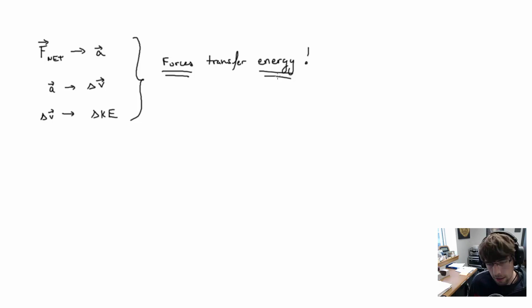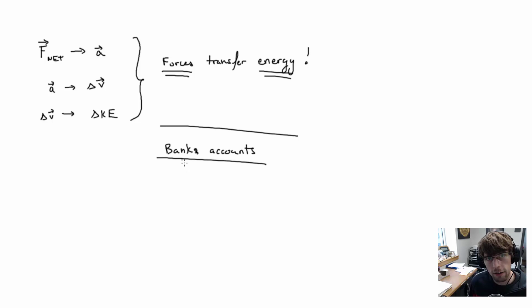The analogy I think of is something like a bank account. Okay? So if I think about bank accounts, I can think of keeping track of my balance in one of two ways. I can think of thinking about all the transfers.